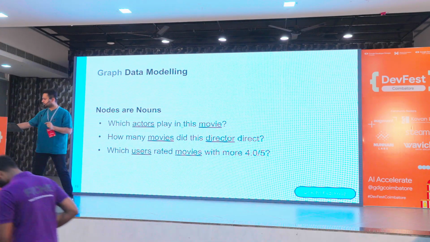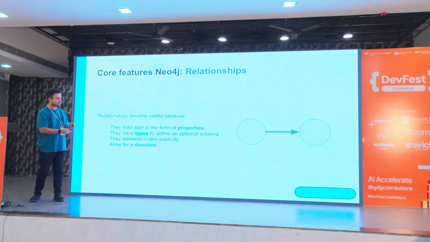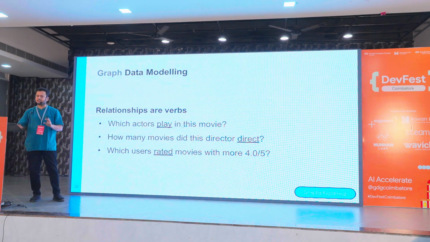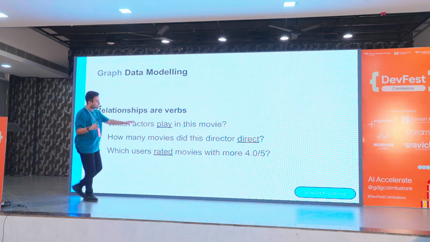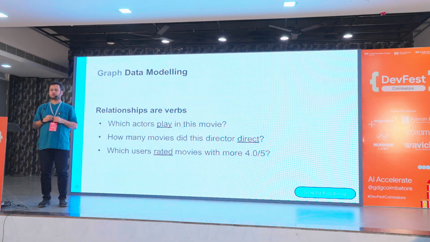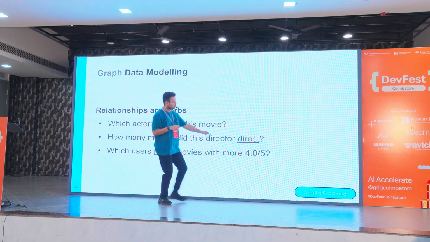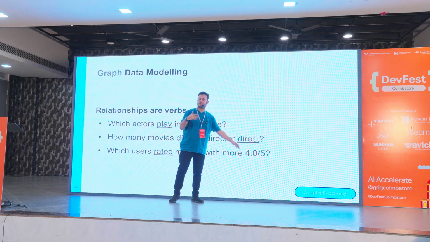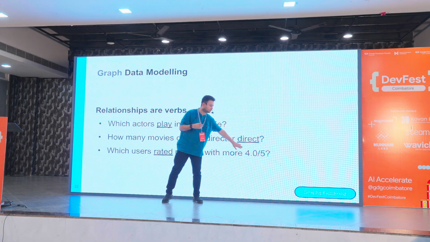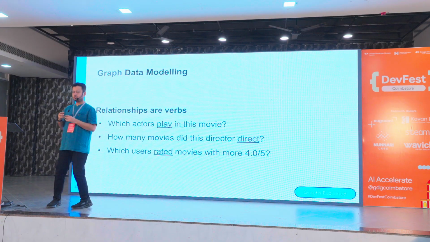Okay, I'll quickly go to the next screen so that all of this makes sense. Again, a lot of theory here. But before we move there, is play a noun or a verb? Verb, right? Is this movie, when you direct a movie, is this a noun or a verb? Verb.